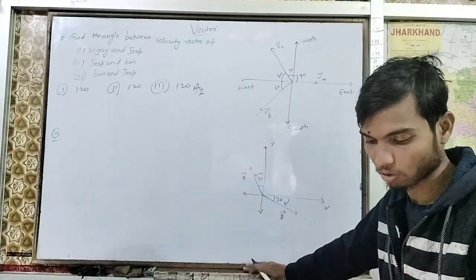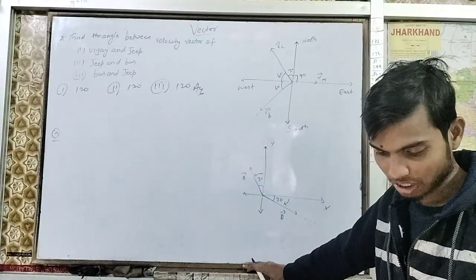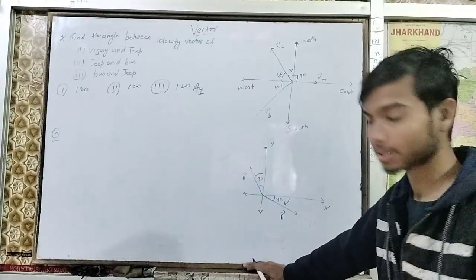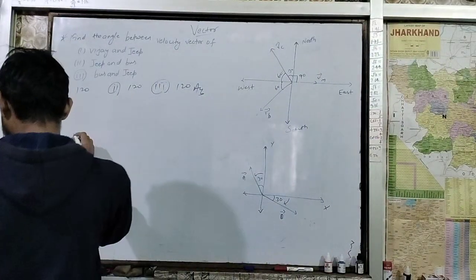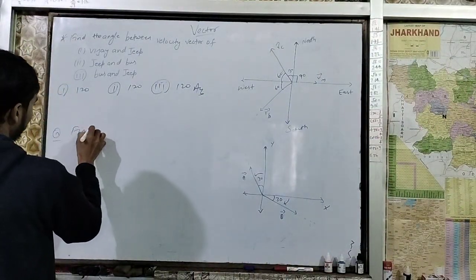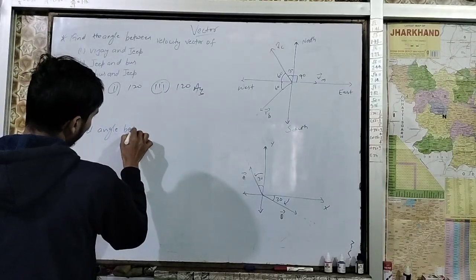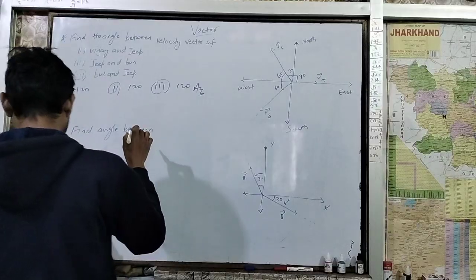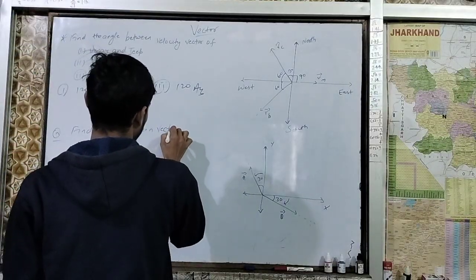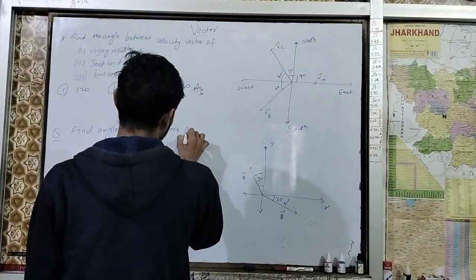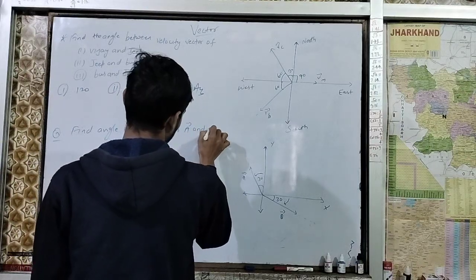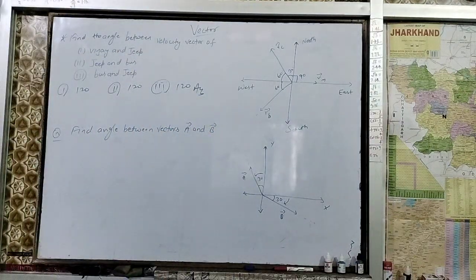The main question is to find the angle between vectors A and B.